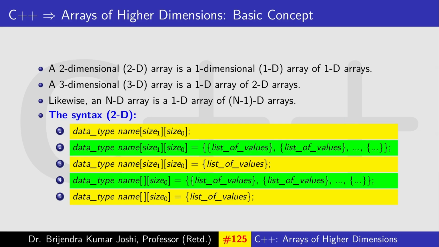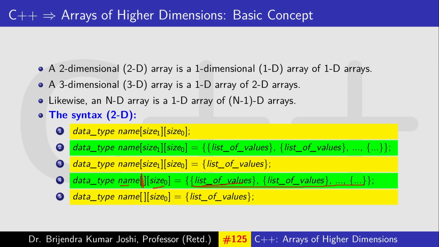Next one is we give a data type, name, and then the leftmost dimension we may not give the value for. We can skip it, but this size 0 is essential. Again, it now knows how many values I should provide inside, equal to size 0. So it will deduce, so you are providing 1, 2, 3, 4, as many rows as you wish you can provide.